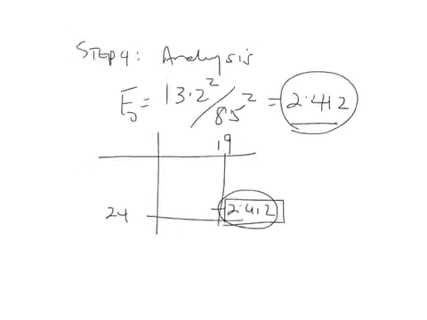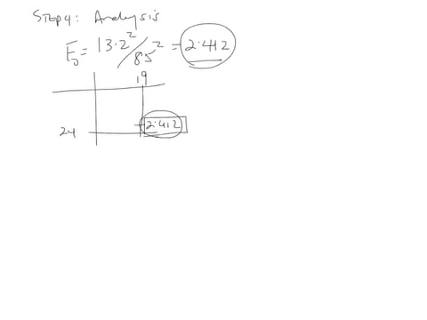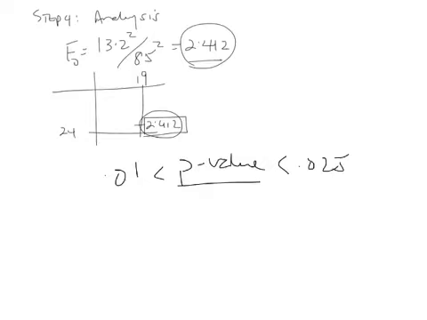Can't seem to be able to squish this. Oh, here we go. Sometimes you just got to find it at the right spot. So it turns out from our table that half the p-value, when we look up 2.412, is greater than 0.01, less than 0.025. And that's only half the p-value. If we multiply everything by 2, we get 0.02 less than the p-value, less than 0.05.